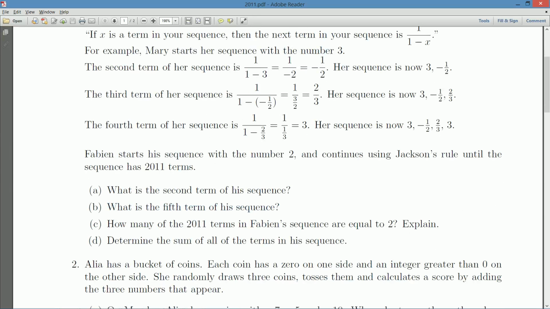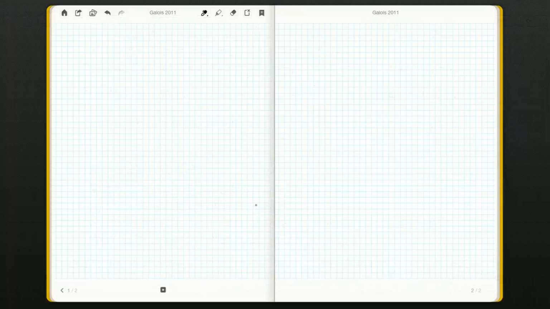Well, we can knock both of these out, and also gain a little information on how this pattern works, by writing out the first, the 2nd, 3rd, 4th, 5th, and we can probably do a few more terms of the sequence. Okay, so let's get cracking. We'll bust out our notepad.